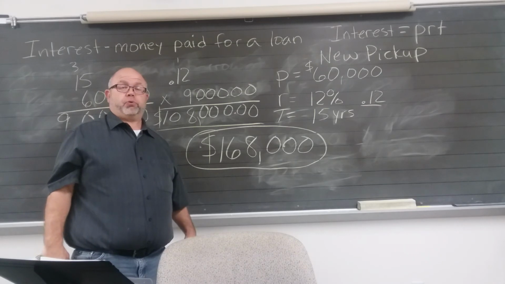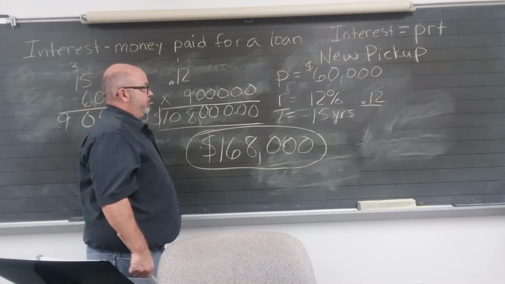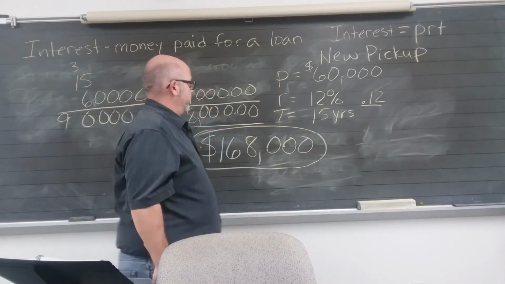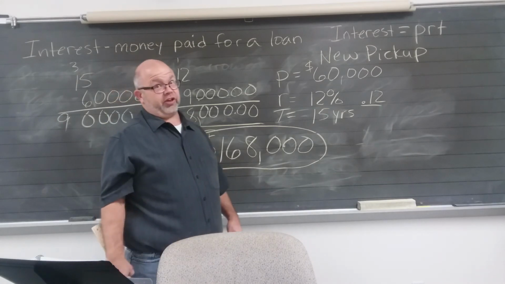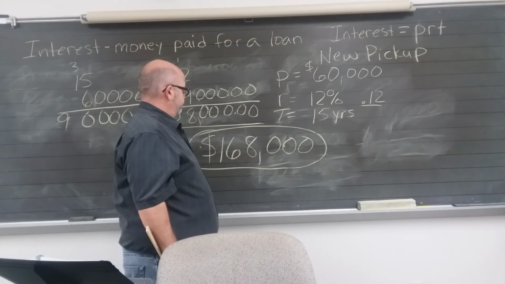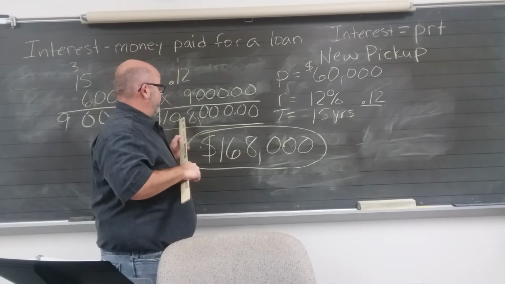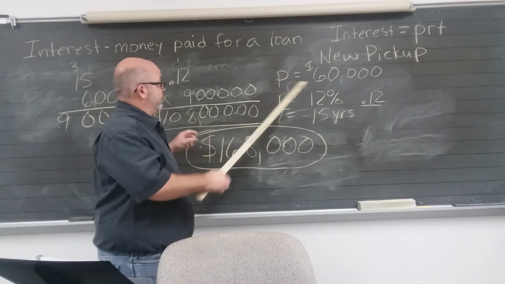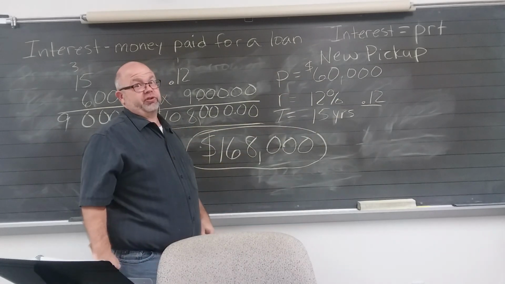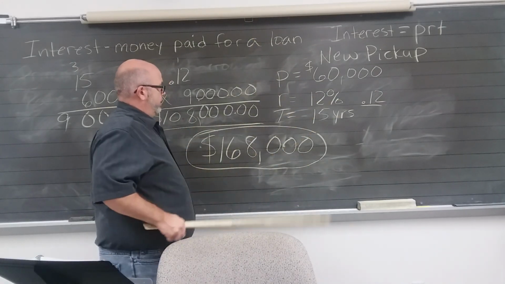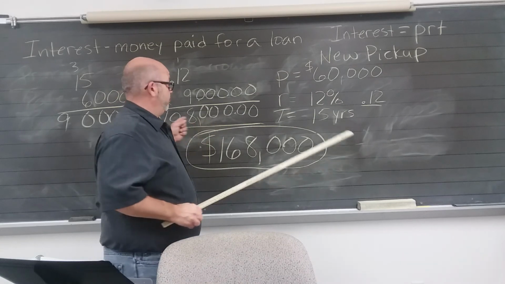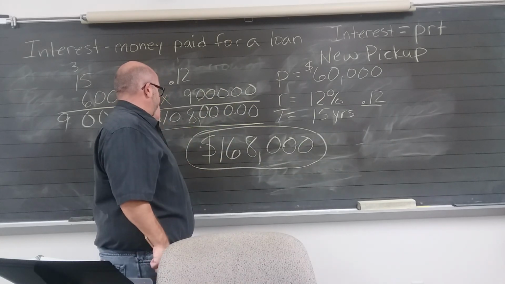Now what's the problem at this point? Your brand new truck is now how old? Your brand new truck is now 15 years old. You have just shelled out $168,000. All right? This is just the interest. This is not the $60,000. Okay? This is just how much you paid to borrow $60,000 for that long at that rate. So it's not that you've just paid $108,000 for it. You've paid $108,000 plus $60,000 for it.